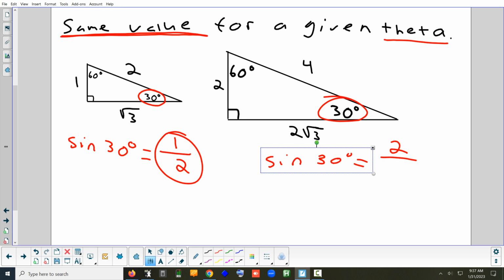What's the hypotenuse in the big triangle? Yeah. 4. And what is 2/4 reduced to? 1/2. So the point is whether you find the sine of 30 in a small triangle or a gigantic triangle, the sine of 30 is always 0.5. It doesn't change.